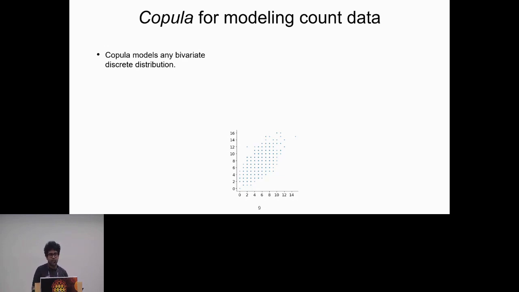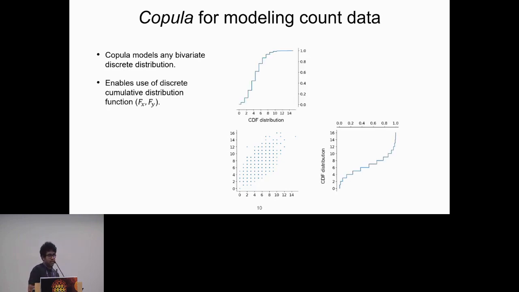So what happens is that you start with any marginal distribution. So for example, you can start with Poisson distributions and say you have two variables, and you want to understand how their correlation changes, or how the covariance, or model the covariance structure.